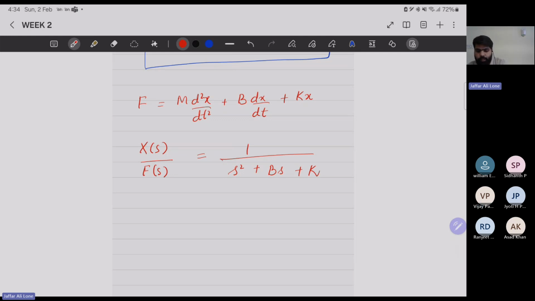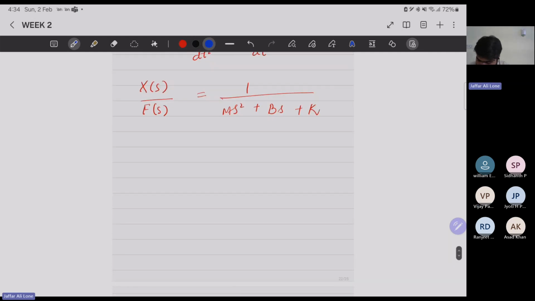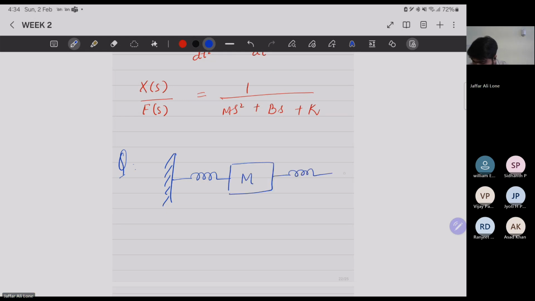For example, we had another question. Here m will be there. M s square. So let's do this question. This will just revise your last week stuff. This is K2.